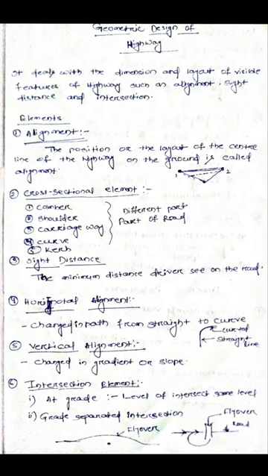Then grade separated intersection. If two roads are grade separated at an intersection, for example a flyover, there is an under road beneath it.